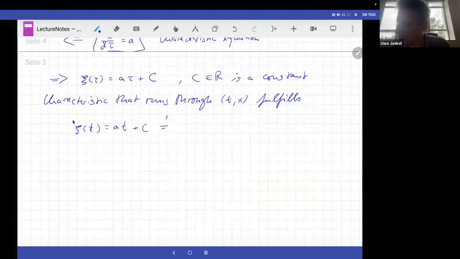This must hold because at time t we must be at position x. And this means that we can find the constant. Just solve this equation for c. C equals x minus at.